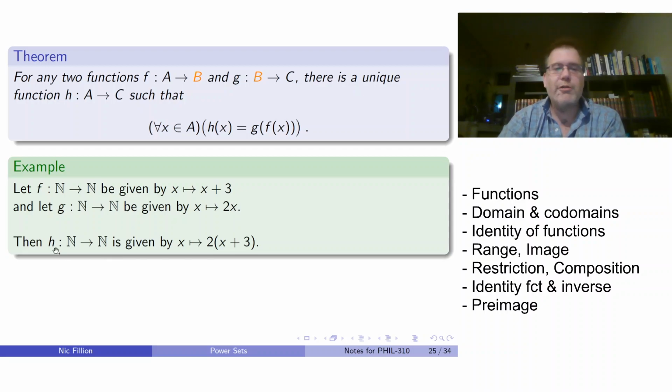So h, the result, is going to be the function that takes x and sends it to 2 times x plus 3. Because f takes x, sends it to x plus 3, and g takes whatever the result is and multiplies it by 2. So that's 2 parentheses x plus 3. So h would be that net result of applying f and then applying g to some object x. I hope that makes sense.